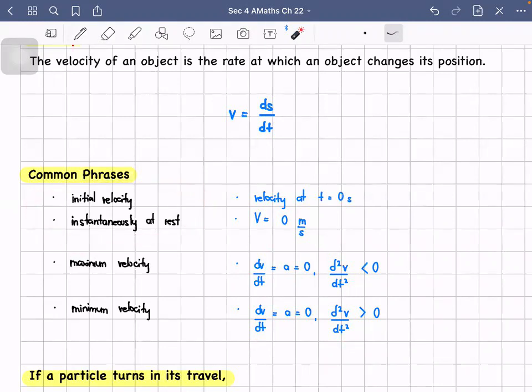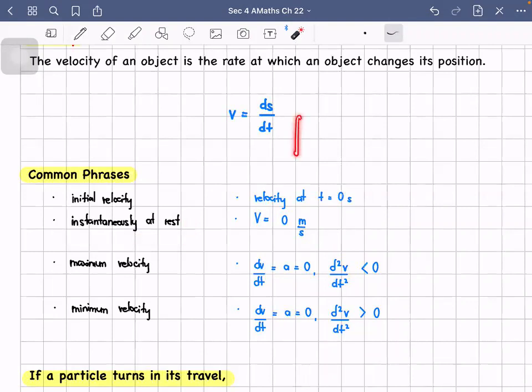Also, class, this is an important note that you need to remember. Whenever you see instantaneously at rest, this usually correlates to the particle or an object turning or returning.